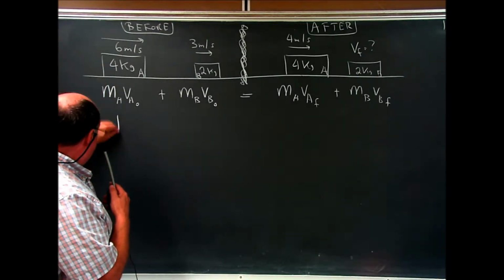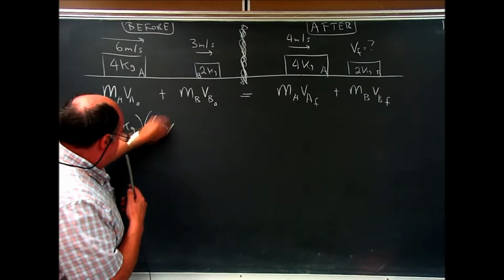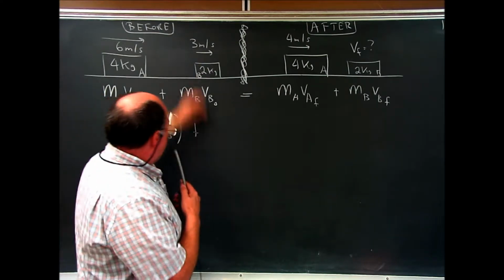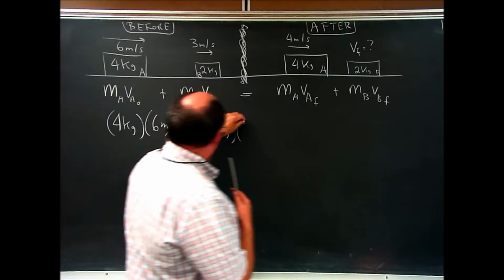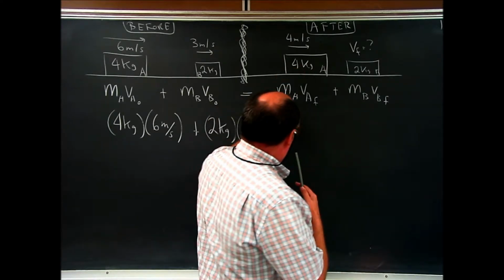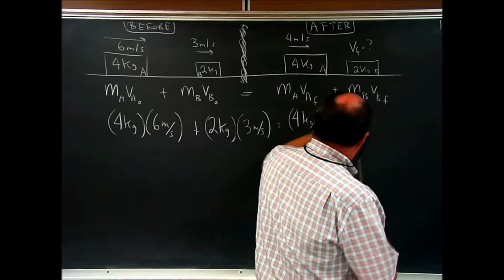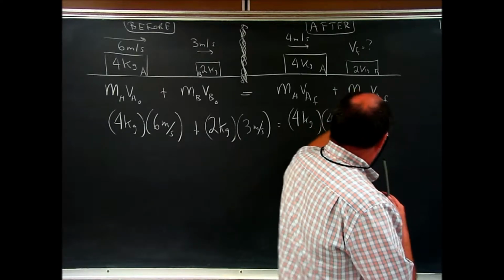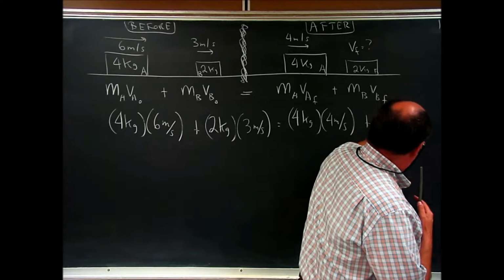So this is 4 kilograms, and this is 6 meters per second, plus m_B is 2 kilograms, and this is 3 meters per second, and this equals, and this one is 4 kilograms, and this is 4 meters per second, plus m_B is 2 kilograms, and v_B final.